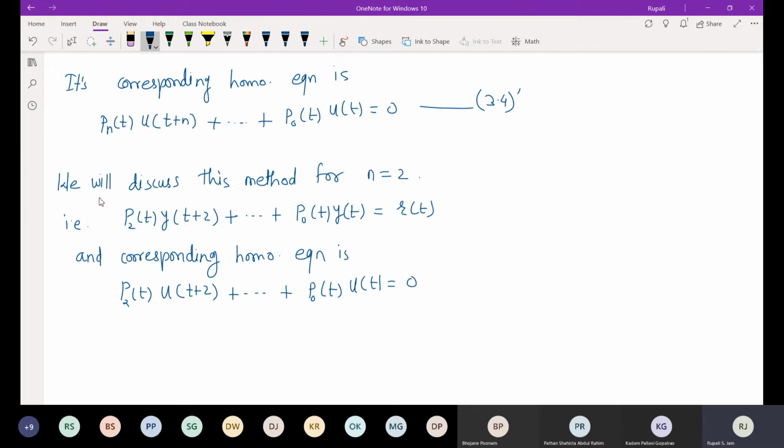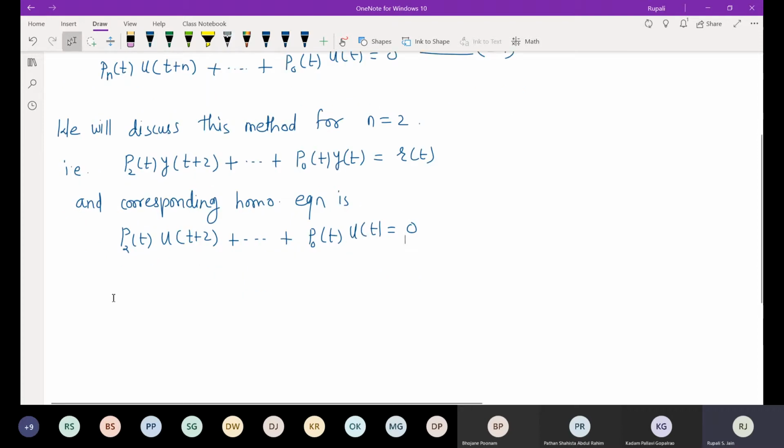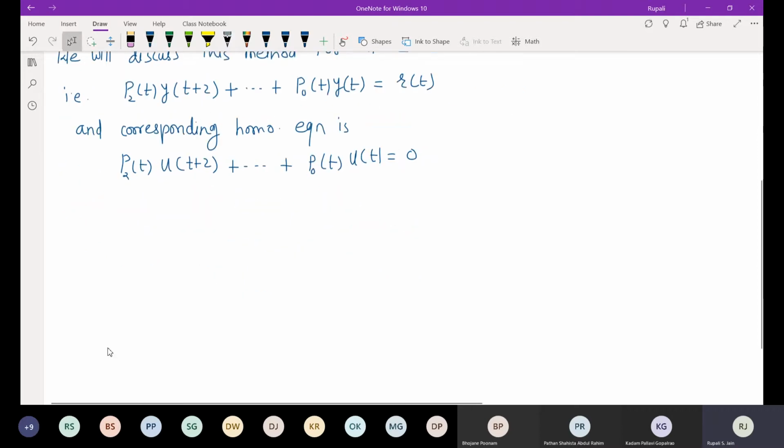So we are discussing this method for n is equal to 2, and then we can generalize it for any higher order equations. Say this is 3.4 dash and this is 3.4 for n is equal to 2.